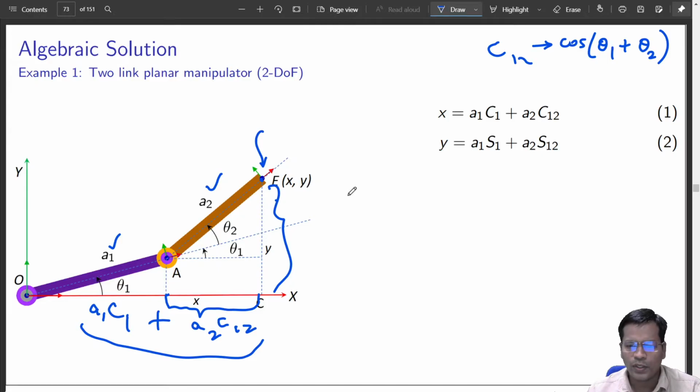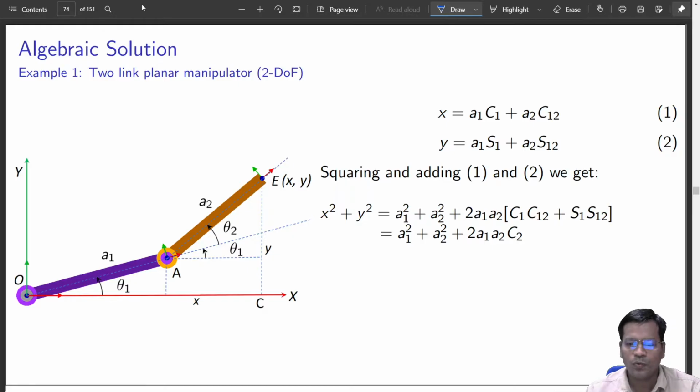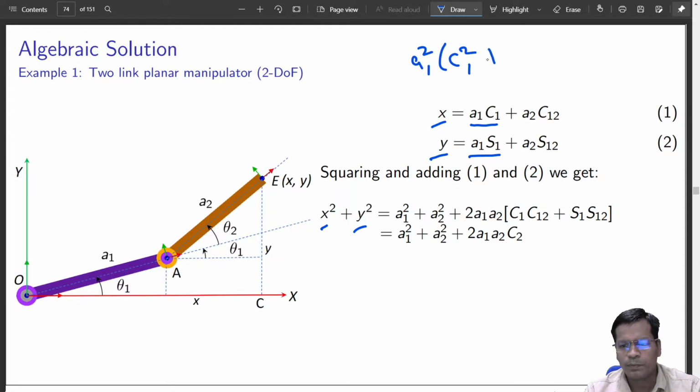What I'll do first, I'll simply square them and add them. Squaring and adding, x square plus y square is equal to, the first term is a1 square c1 square plus a1 square s1 square. Summing them both, you get a1 square times c1 square plus s1 square. This gives you 1, cos square theta plus sin square theta is 1.